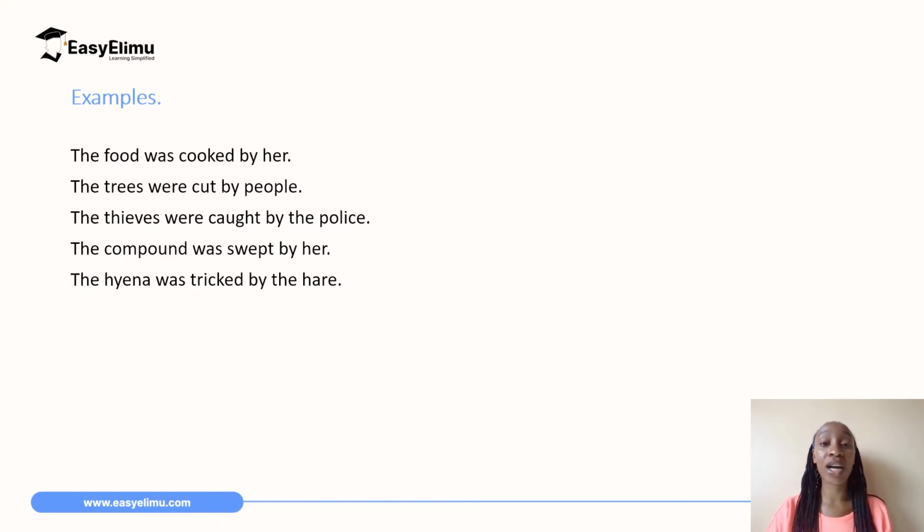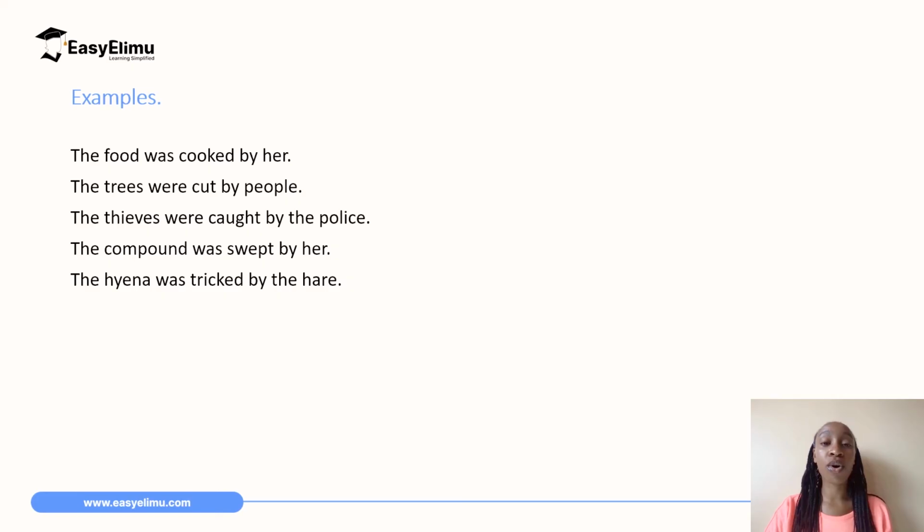The trees were cut by people. So the trees is the object, were cut is the verb, were being the auxiliary verb, and cut being the main verb. Then by people is the subject.